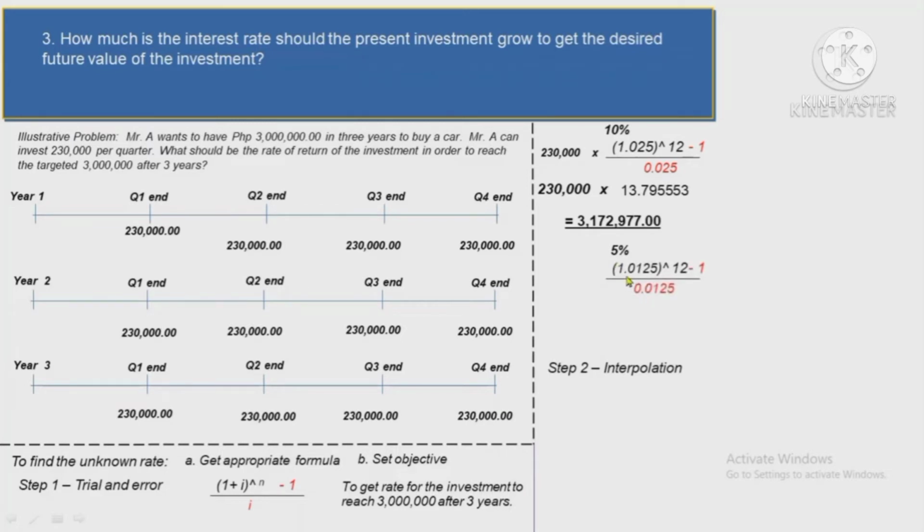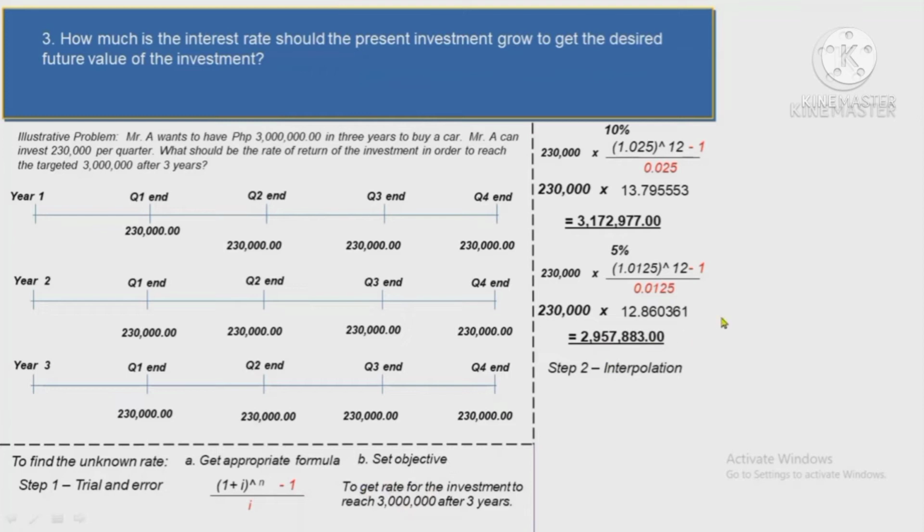So 1.0125 raised to the power of positive 12, minus 1, divided by 0.0125. So we will have 12.8603361. You multiply that again with the quarterly investments of 230,000, then you are going to get 2,957,883, which is slightly lower than the 3 million that we are aiming for.